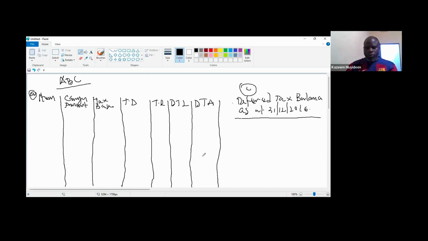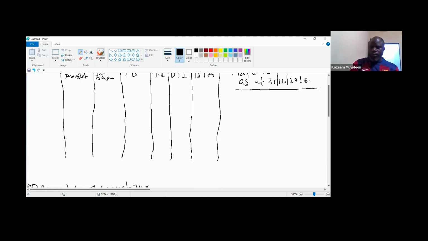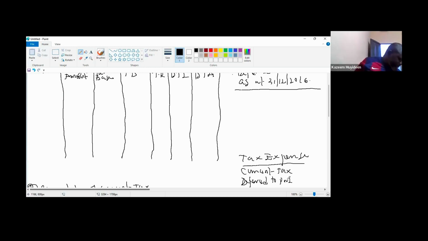Very simple. Income tax expense is the combination of the current tax and the deferred tax movement. So tax expense equals current tax plus deferred tax movement. This is it. I will now start.